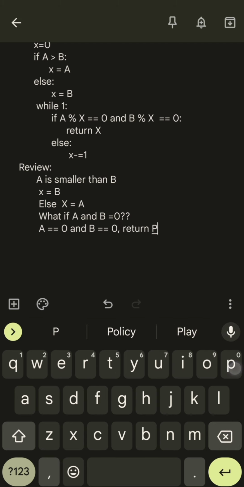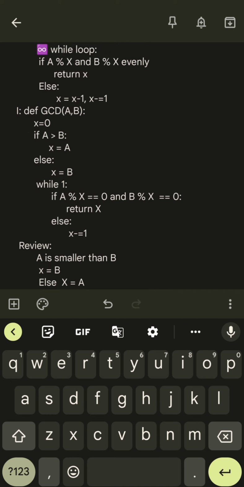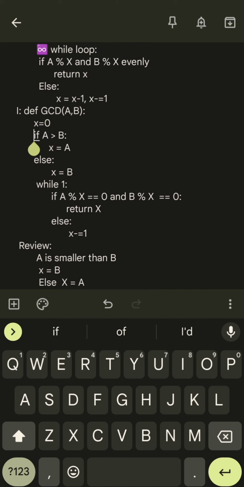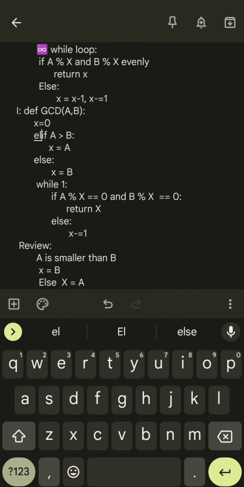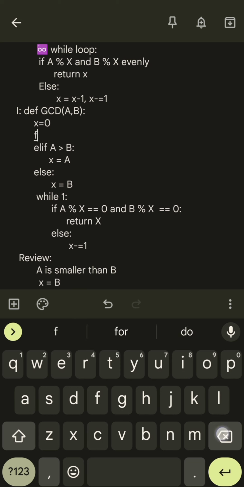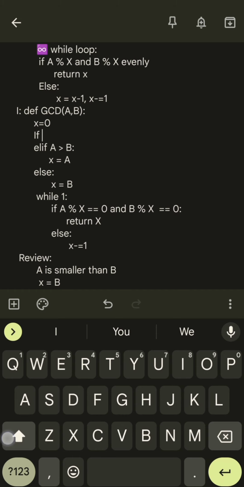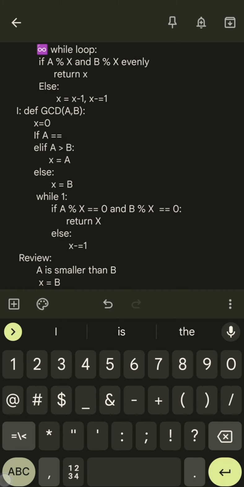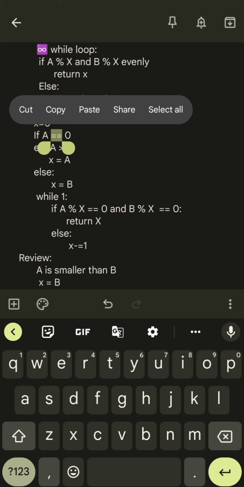Let's fix that up, and let's just say elif, and then if A is equal to 0, let's keep this part, and B is equal to 0.